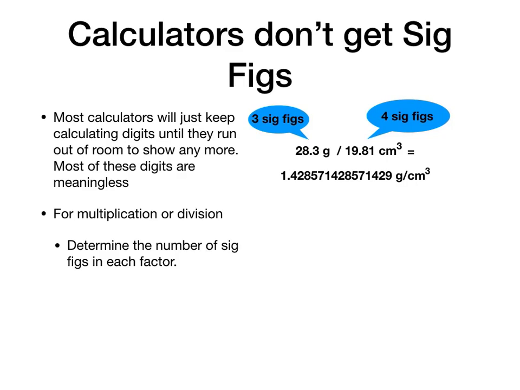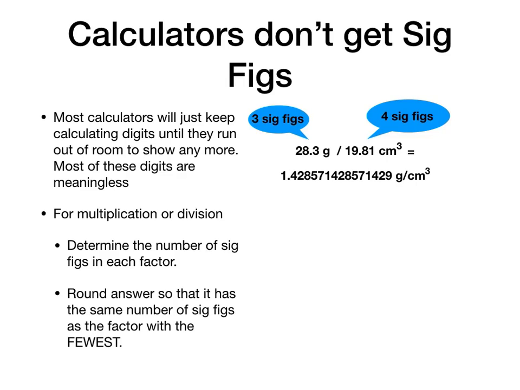So we know that those two data points have different degrees of accuracy. So if we calculate something based on those, we've got to round the answer so that it has the same number of significant figures as the factor that had the fewest. Again, remember that your answer can't be any better than your worst factor.